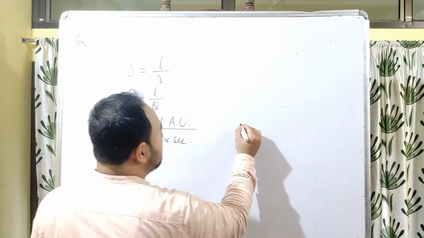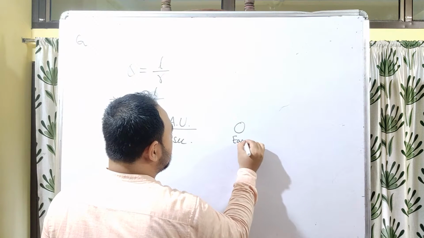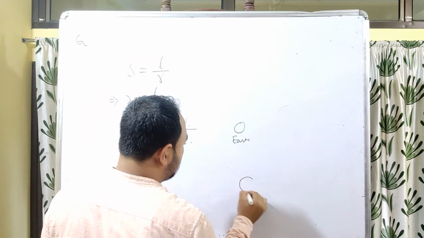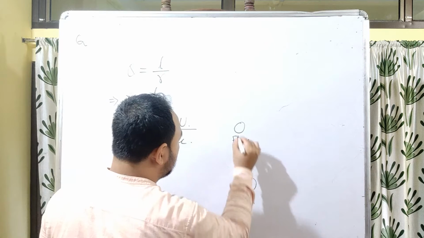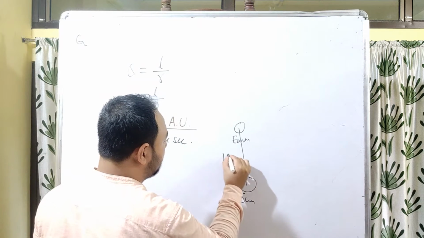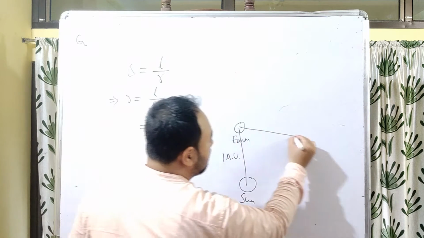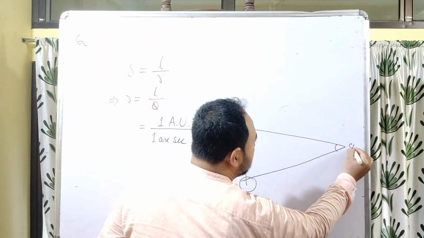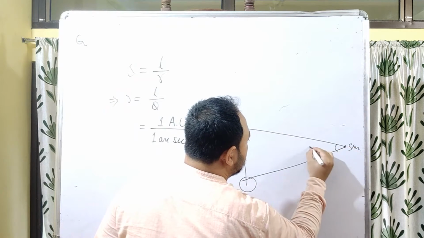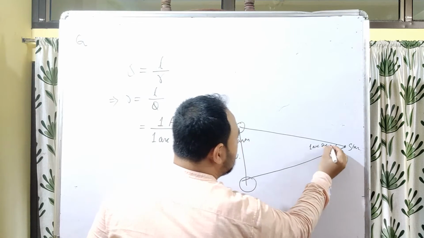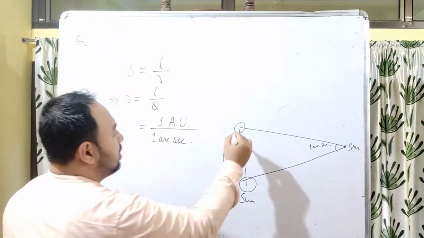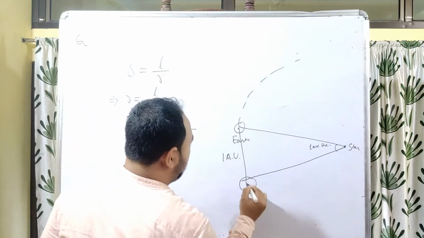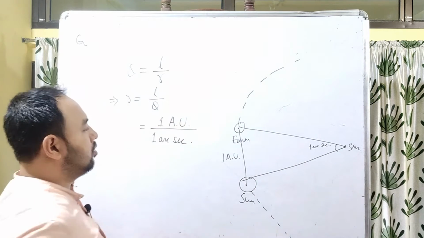As you can see, earth, then sun, this value is 1 astronomical unit, and the angle subtended by it on a distant star is 1 arc second. Now this is a part of the circular orbit.